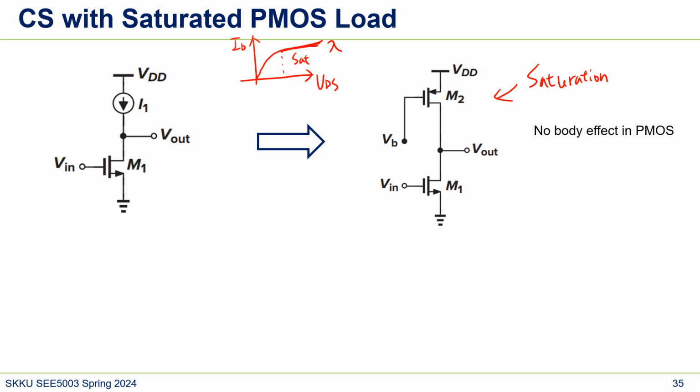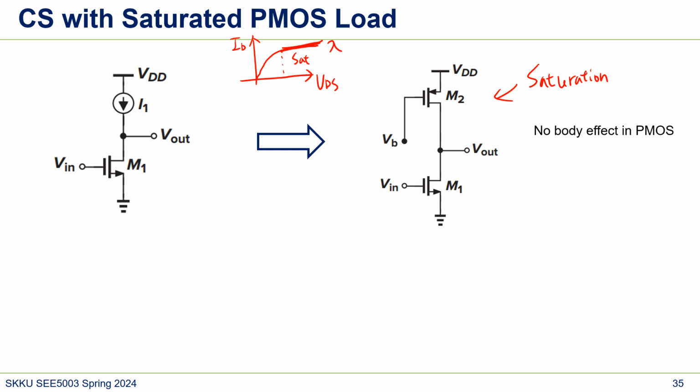But basically in the saturation region, the current is not changing that much. That's the definition of a current source, right? Even though we change the voltage across the current source, the current is not changing. So this MOSFET in saturation is a non-ideal current source. So we have to put this M2 in the saturation region.